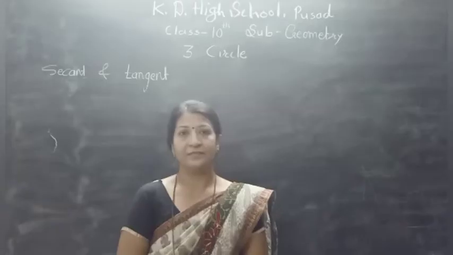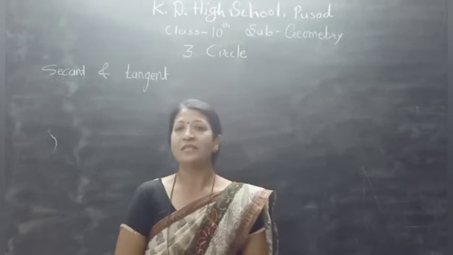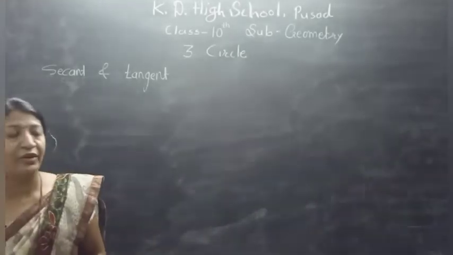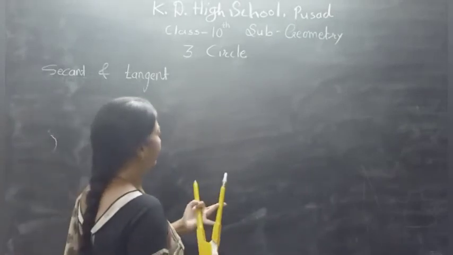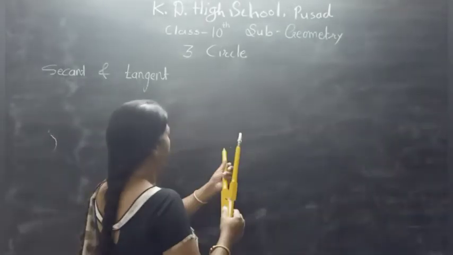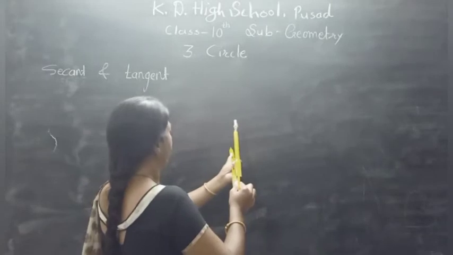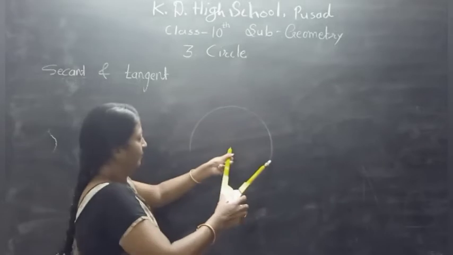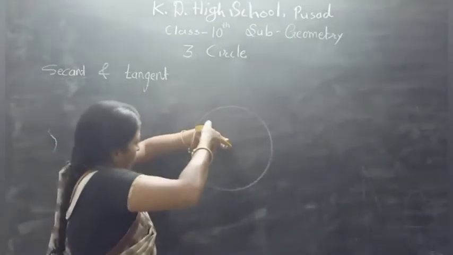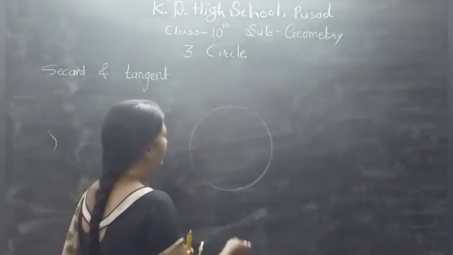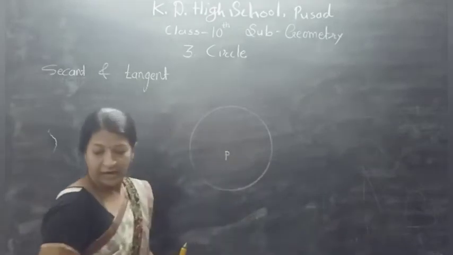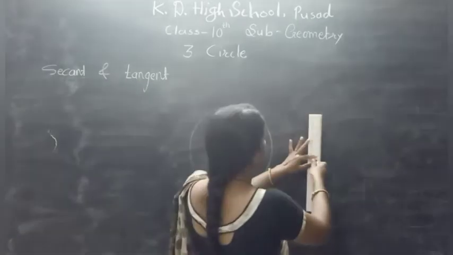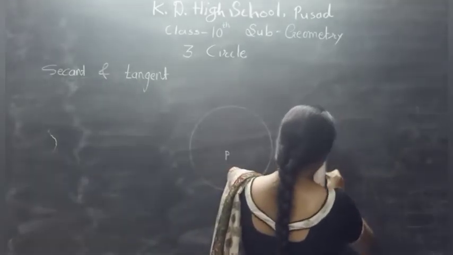Okay. Now let us continue with secant and tangent. First of all, to study this, we draw a circle here. Circle with center P, and if we draw a line here, it is outside the circle. Very clear.